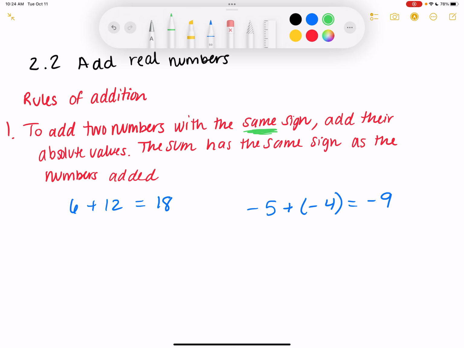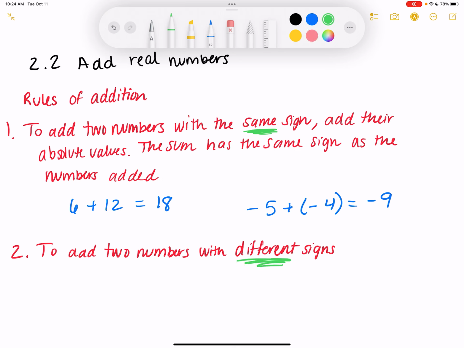The next rule is for when they have different signs. So to add two numbers with different signs, the key here is that the signs are going to be different, meaning one's going to be positive, one's going to be negative.